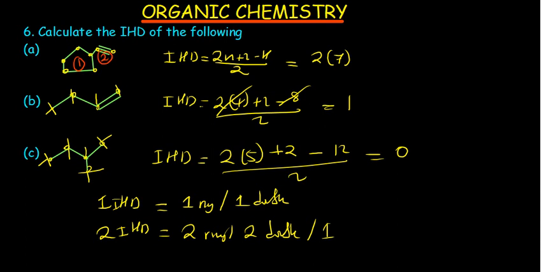When you have got an IHD of 3, we can also talk about that. Well, an IHD of 2 can also mean we have got 1 triple bond. But an IHD of 0 means we don't have any triple bond, double bond, or ring, just an alkane.